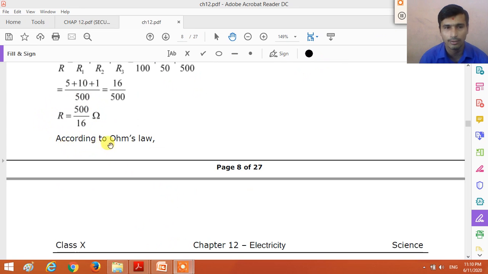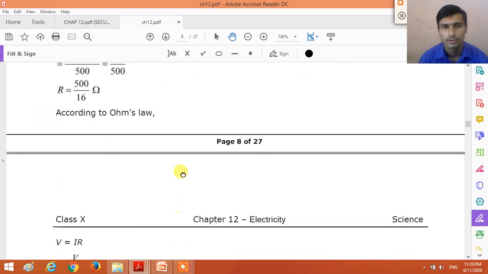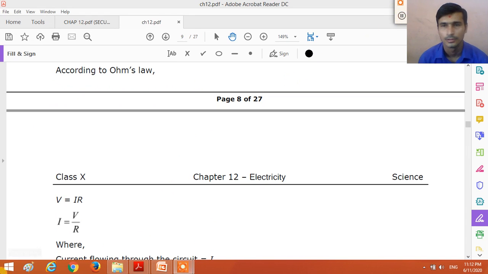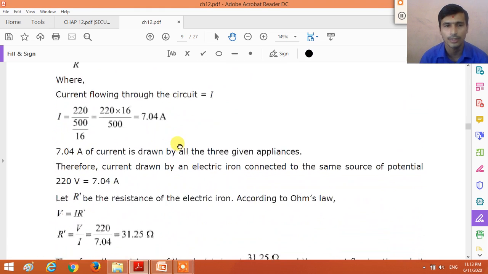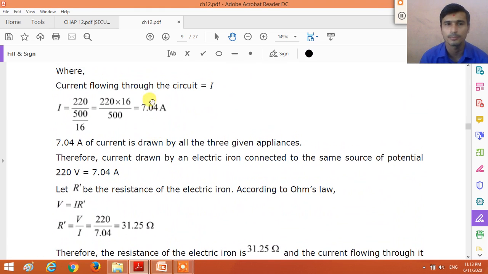Now according to Ohm's law, you know that V is equal to I into R. From that, we can calculate the electric current passing through the circuit. I is equal to V divided by R. So how can we calculate the current passing through the circuit?